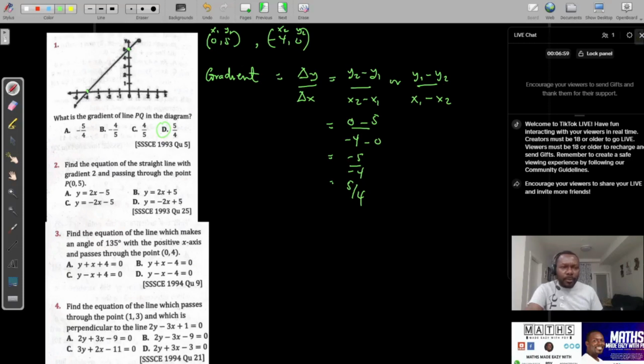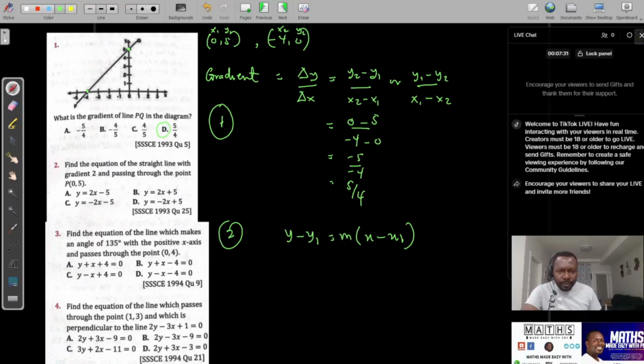So remember from our previous lesson, we learned that when you know the gradient and you know one point, we are on number 2. To find the equation of the line when the gradient and one point is known, we can use the relation y minus y1 equal to m into bracket x minus x1. With this idea, you can generate the equation of the line.